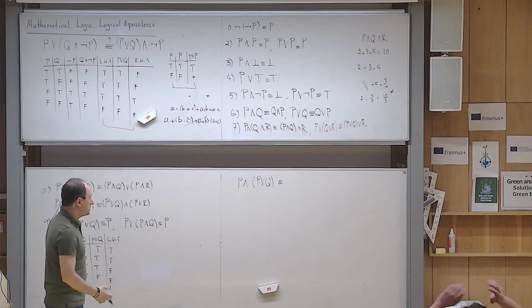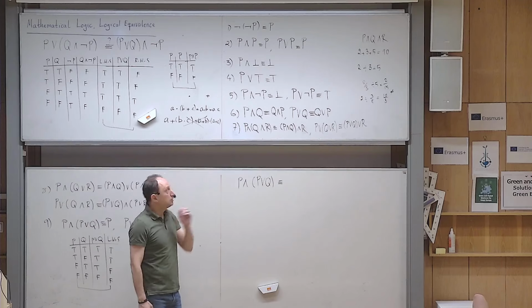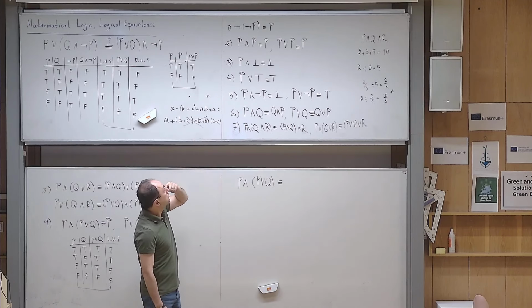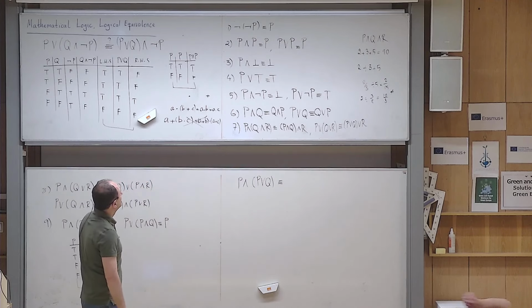Again, the strategy is the same. I want to write P in a way that P or is involved. Okay, the idempotent law didn't work. What do you think I will do? Oh, I think I missed something.